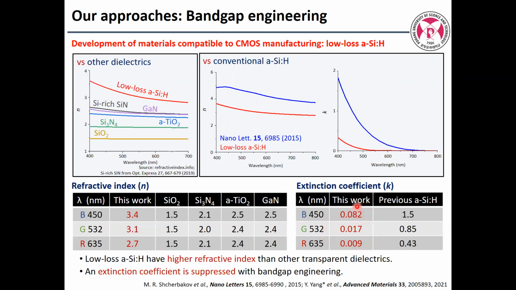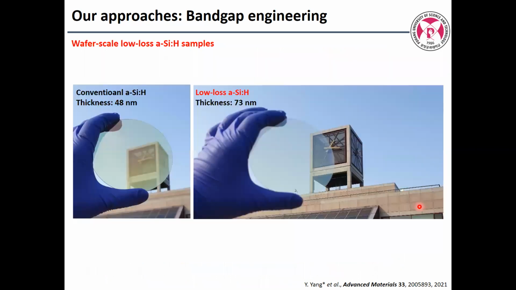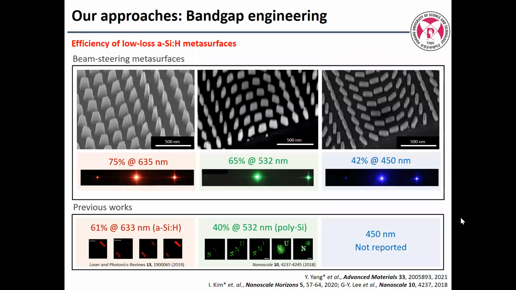At blue it is still 0.1, 0.08, but we're trying to make it almost zero. Anyway, it is now quite comparable to those high-index dielectrics in the visible wavelength. So we have a transparent silicon in the visible, and now we can control blue wavelengths with this modified silicon.